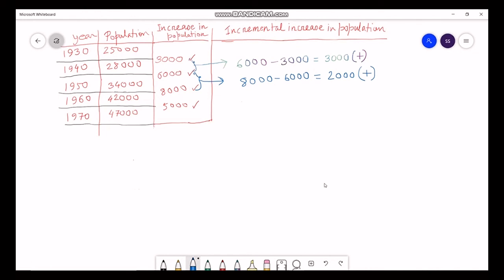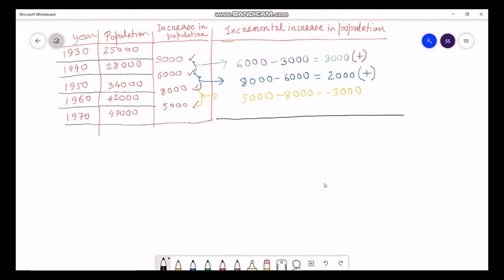But in case of 8000 and 5000, the incremental increase is 5000 minus 8000. So the incremental increase in population is on the negative side.